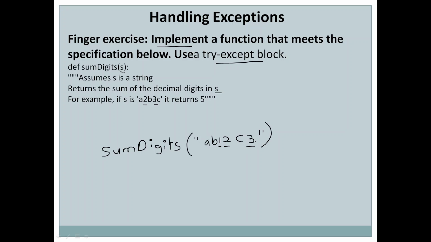So the addition will be 3 plus 2, that is 5, plus 1, 6. So sum digits should return a value that is 6, and for that you have to write the program, and you have to use a try and except block in the program.